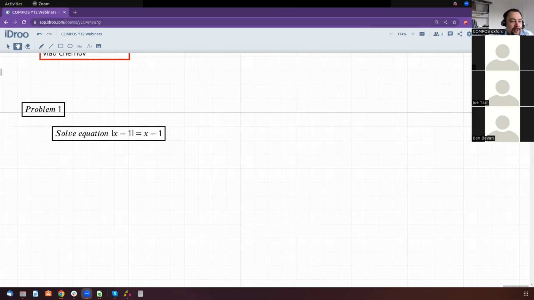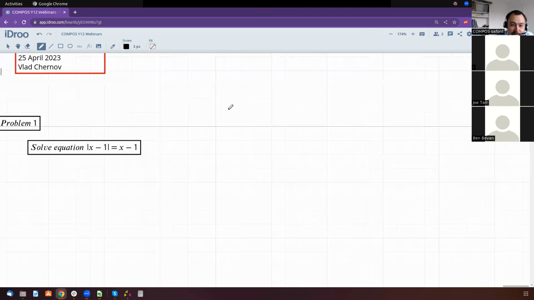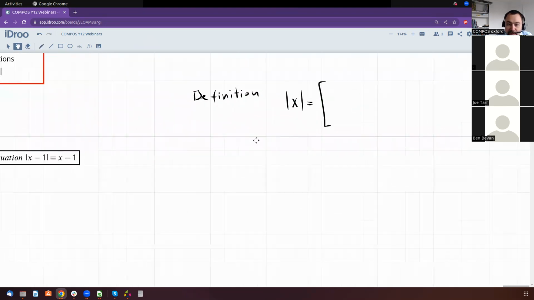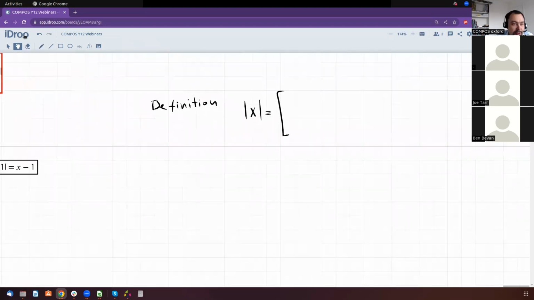So let's go to the definition of modulus. And so what is the definition? Modulus x is equal to, now this symbol is not used a lot in A-level maths, but this means or.